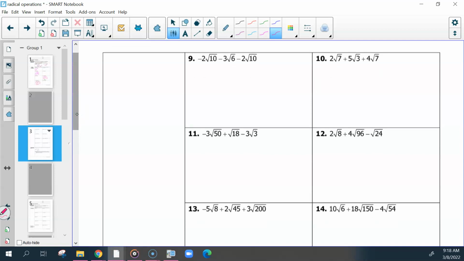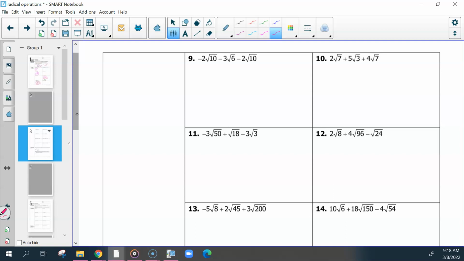Alright, and then we're going to do a few of these. Starting with number 9, now we have 3 of these. We first need to see, can we simplify any of these? No. Square root of 6 is as far as we can go.